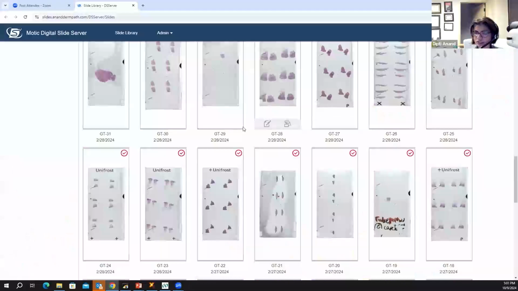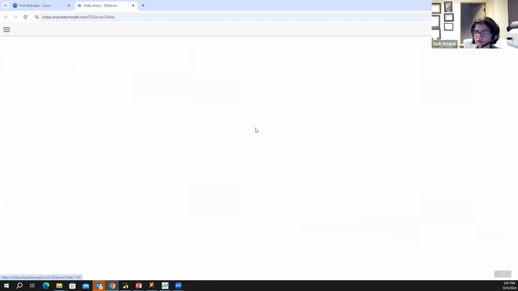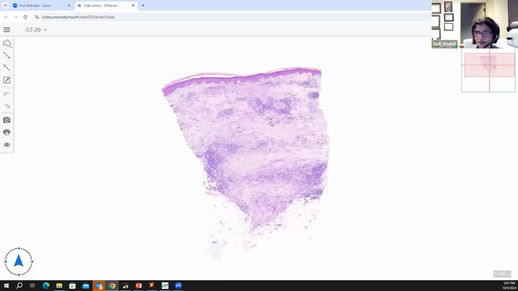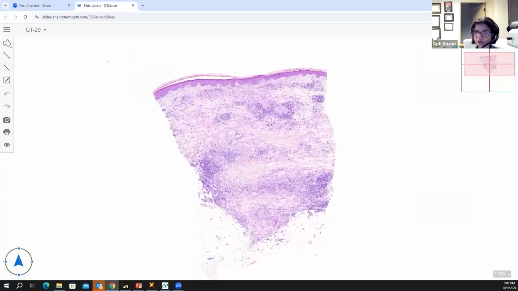Okay, next coming to the next palisaded granuloma, which would be necrobiosis lipoidica. So in NLD, you get palisaded granulomas, but they are very organized granulomas as compared to GA. They will involve the breadth and the depth of the biopsy from side to side and top to bottom, right up to the fat. And the granulomas, unlike GA, which had one granuloma here, another granuloma here, another here, are very organized.